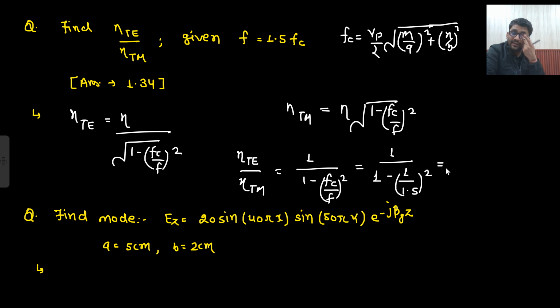What has happened? Am I doing something wrong? Here I have written 1.34. Oh, there is no under root, sorry. Let me do it again. 1 by 1.5 whole square minus 1 plus minus reciprocal. 1.8 we are getting.